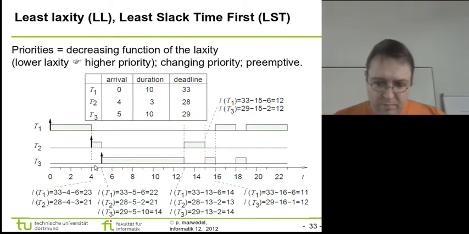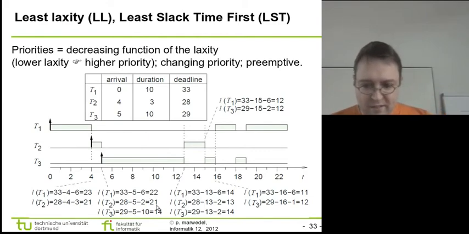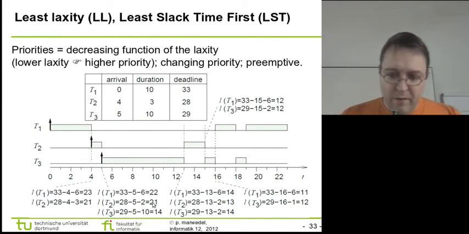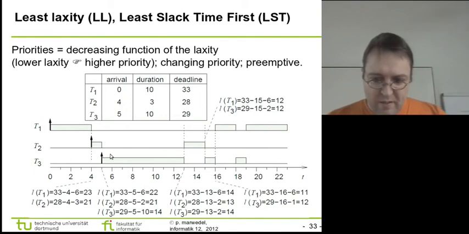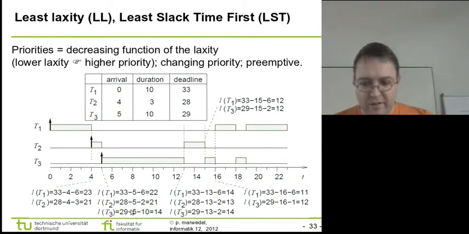For T2, 1 more time unit has passed, but 1 unit has also been executed, so its laxity stays at 21. And for the newly arrived task T3, this has a deadline of 29. 5 units in time have already passed, and it still has all of its calculation time to perform, so 10 units to execute. So the laxity for T3 now is 14.